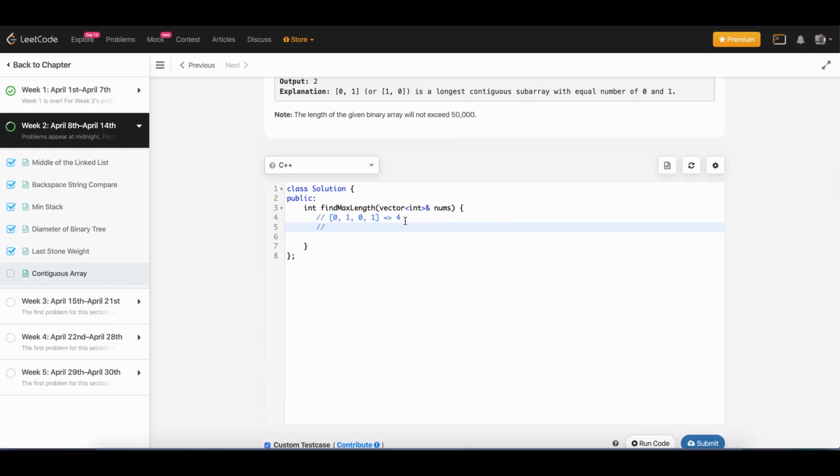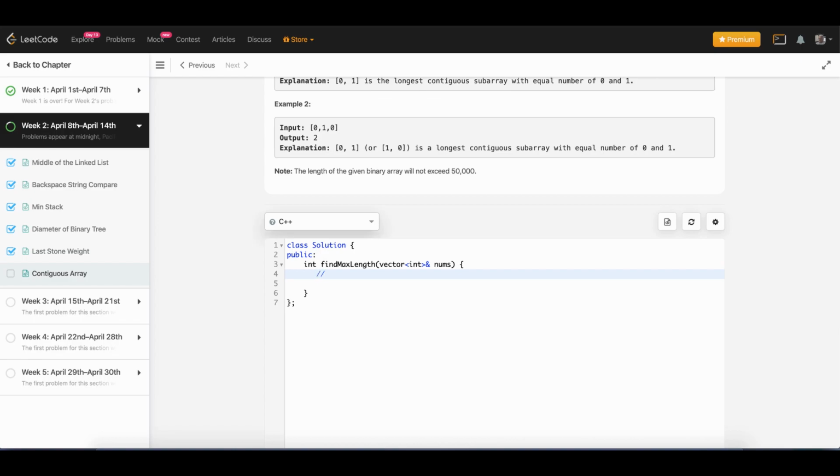Anyway, let's think about the cases. 0 1 0 1 and 1 0. Okay, the answer will be 6.